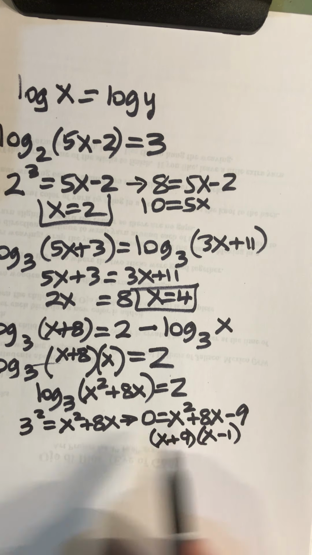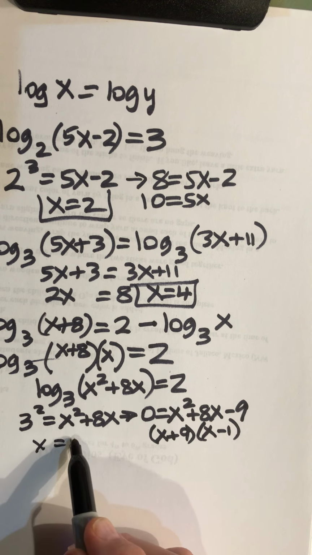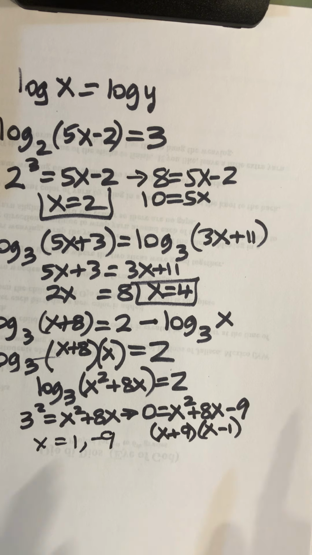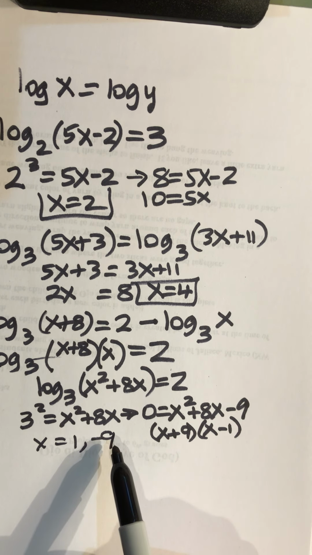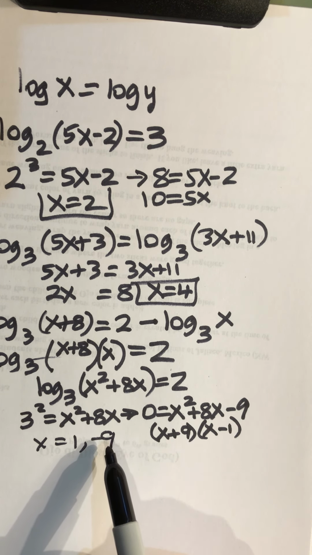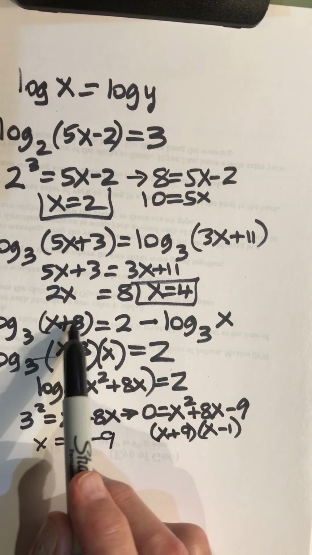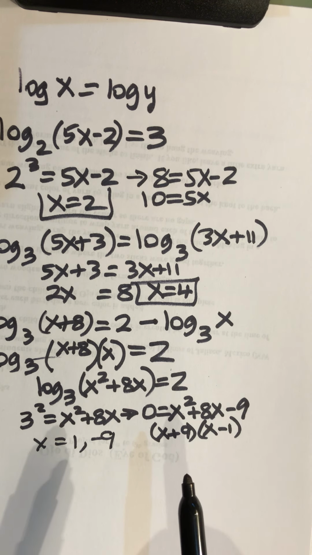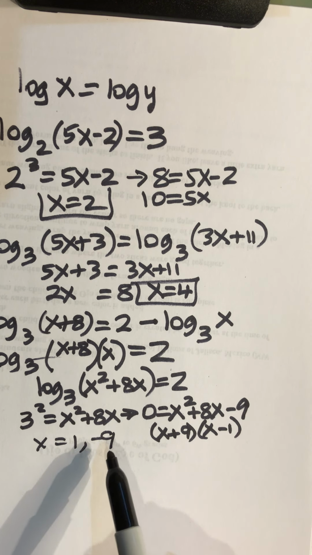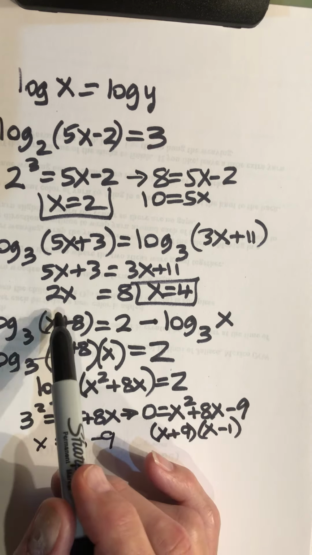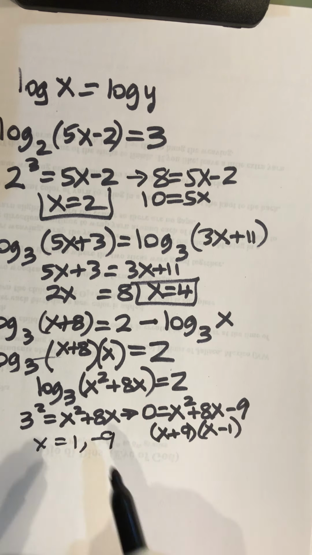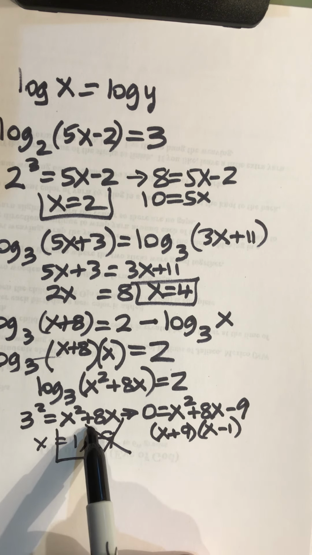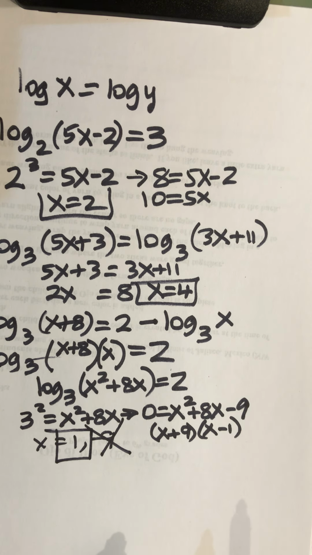That means my values are x equals 1 and negative 9. All right, a problem now. Do I have an extraneous root? For 1, that'd be log base 3 of 9, and that'd be log base 3 of 1. That's okay. That works. What about negative 9, though? That would make both of these negative arguments. So this is an extraneous root. The only solution is the 1. You getting it?